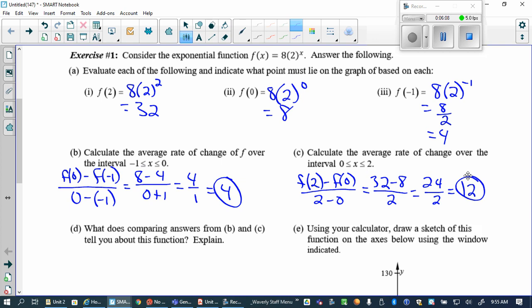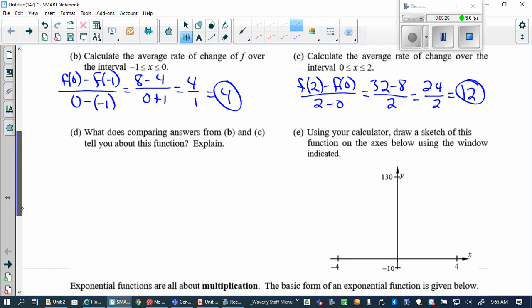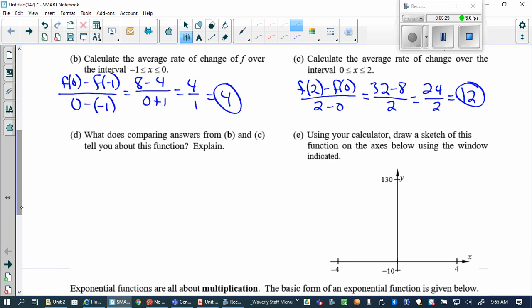So that's not a constant rate of change. So it's not linear, is it? If it was linear, these would both be the same. So if we were to graph this, it can't be a straight line. What's it going to be? A curve. Okay, so what does comparing answers from B and C tell you about the function?